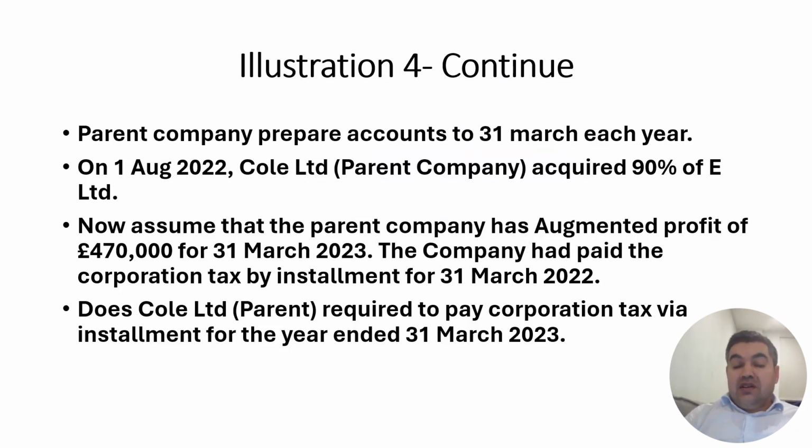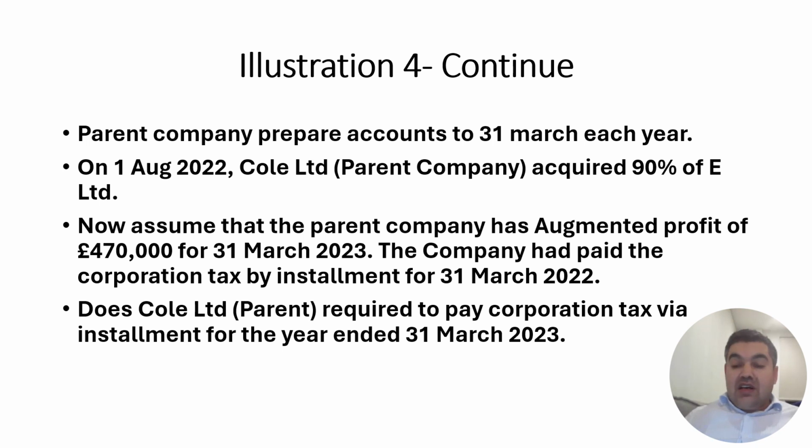And then there's further information. The parent company prepares accounts to 31st of March each year. On the 1st of August, Coal acquired 91% of E. So that is during the year to 31st of March 2023. Now assume that the parent company has augmented profit of 470,000 for 31st of March 2023.